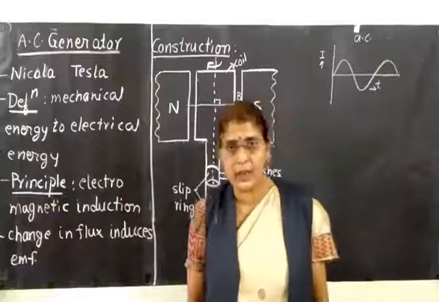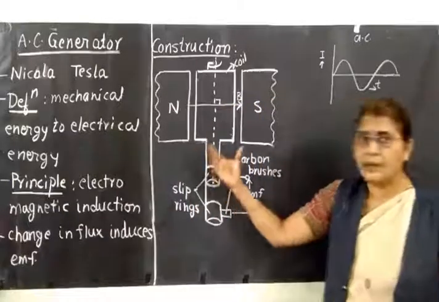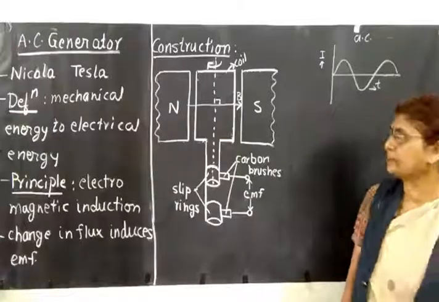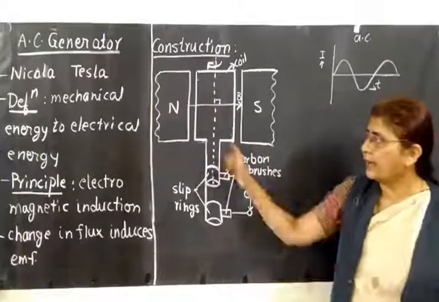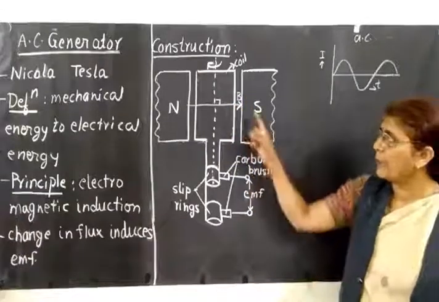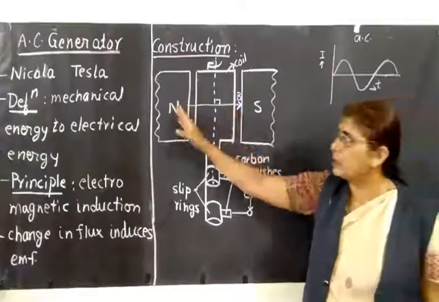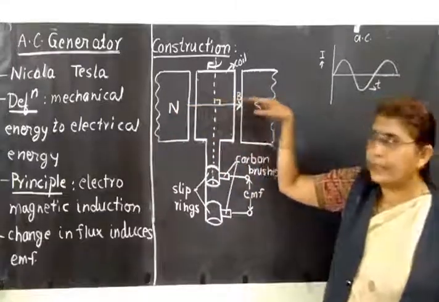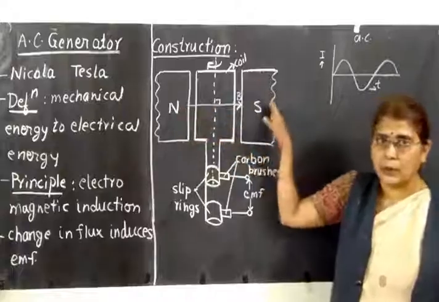What is the construction of AC generator? This simple figure will explain you the construction of AC generator. You can see in the figure, we have a rectangular coil and it is placed in a uniform magnetic field between the two pole pieces N and S of a magnet. This is the direction of the magnetic field from North Pole to South Pole.